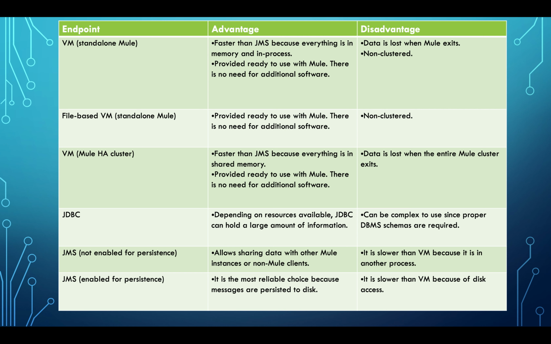It could be Solace, HornetQ, TIBCO EMS, or different JMS providers. But it will be slow as compared to VM because it processes in another process, and if JMS is enabled for persistence, then there will be continuous disk IO operations, which will make it slow as compared to VM.